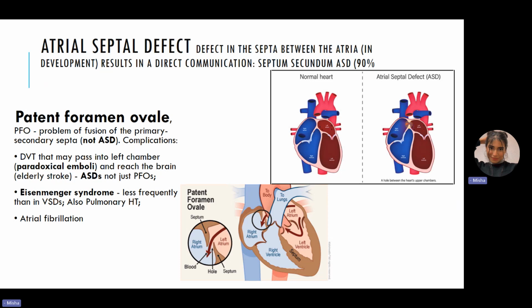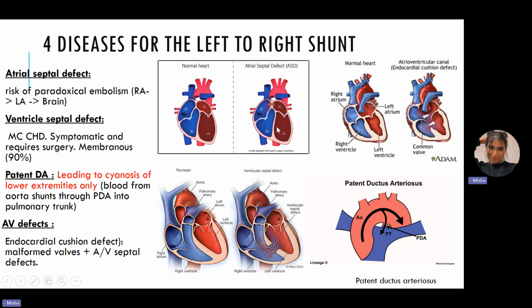Okay, the next one is patent ductus arteriosus. So when we're talking about a patent ductus arteriosus, we know that this is basically the failure of the ductus arteriosus to close. And this can lead to a direct communication between the aorta and the pulmonary artery.